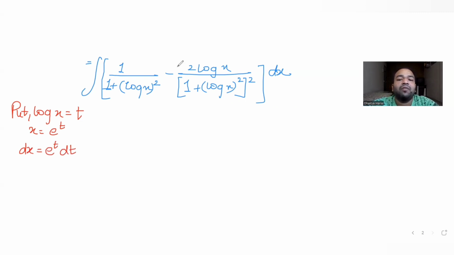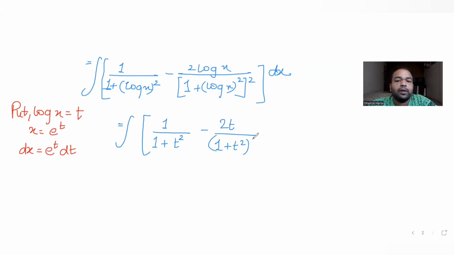So the entire expression is equal to 1 upon (1 + t)² minus 2t upon ((1 + t)²)², and dx I can write as e raised to t.